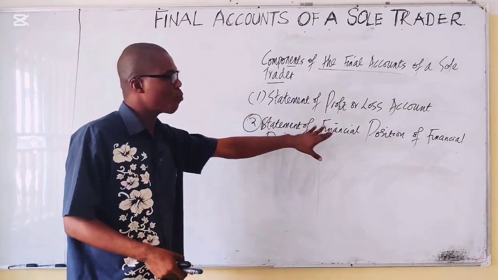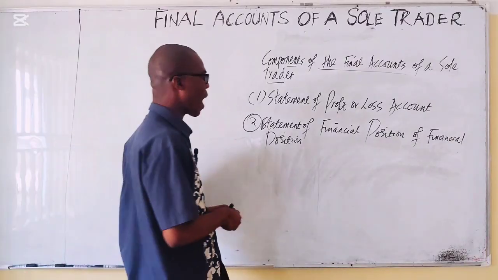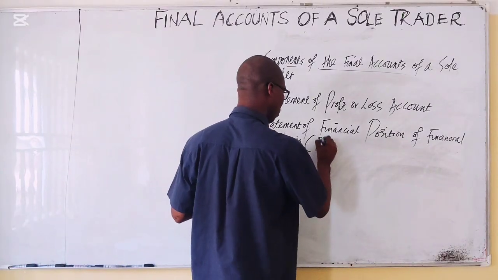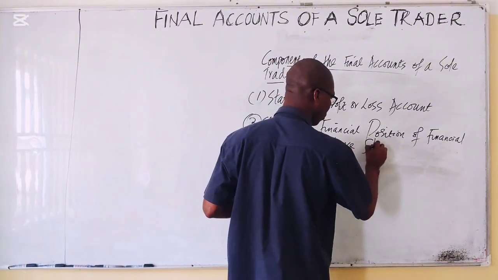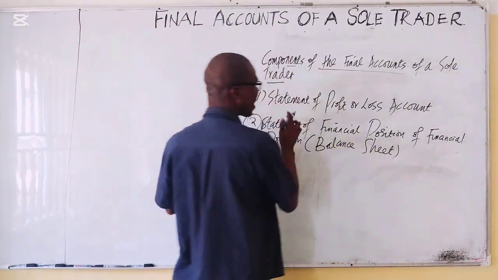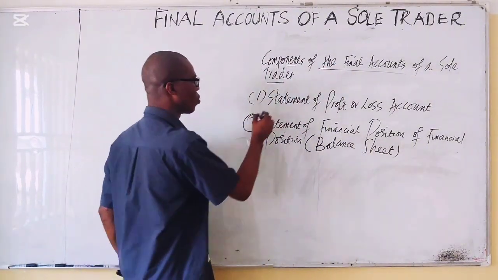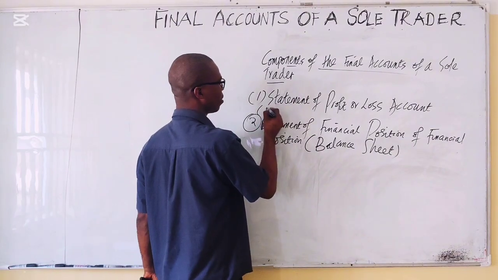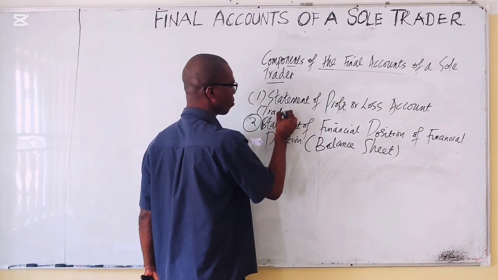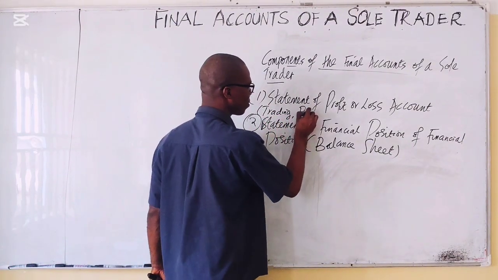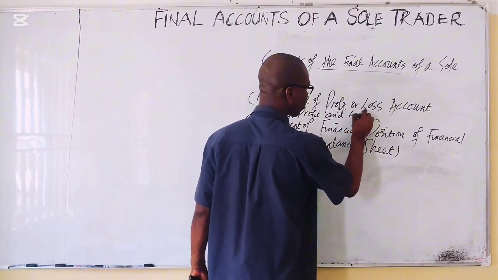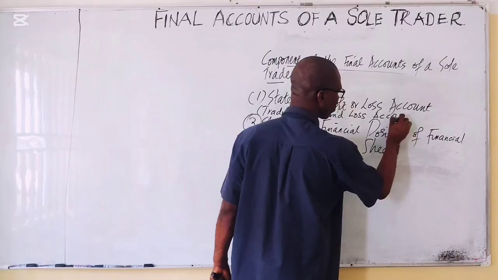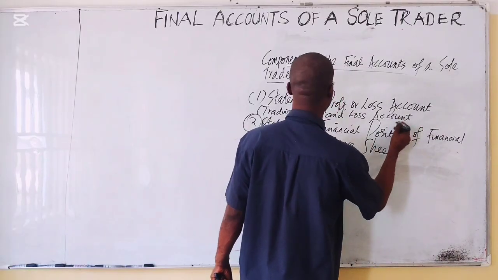The statement of financial position used to be known as the balance sheet, and the statement of profit or loss account used to be known as the trading profit and loss account.